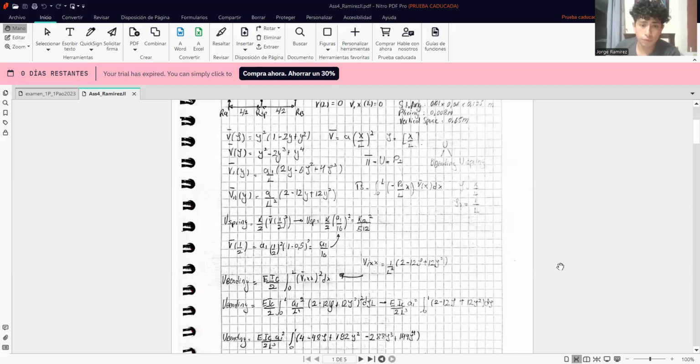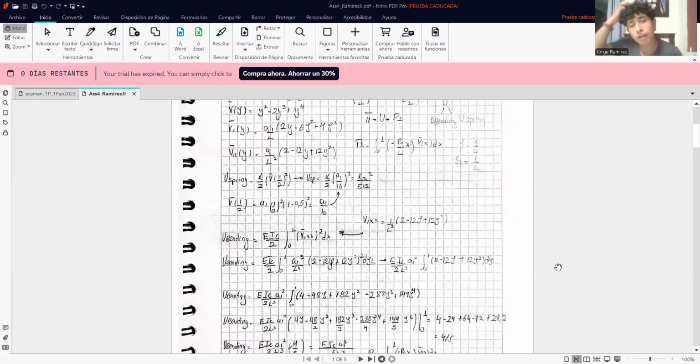And after making the whole process, you will obtain the first value. In this case, it's in the key, the value of the spring times A1 squared over 512.